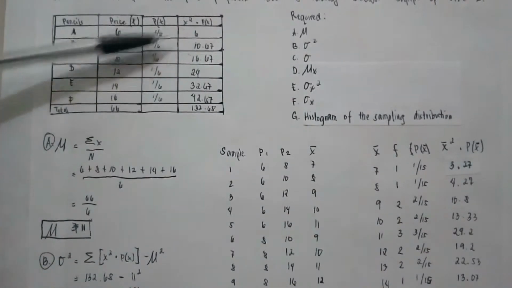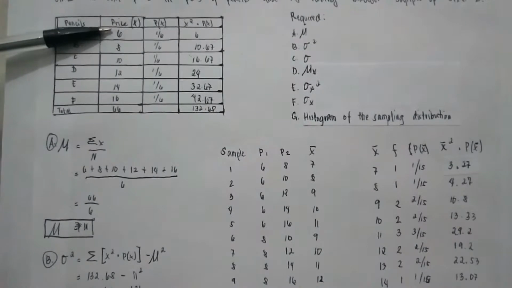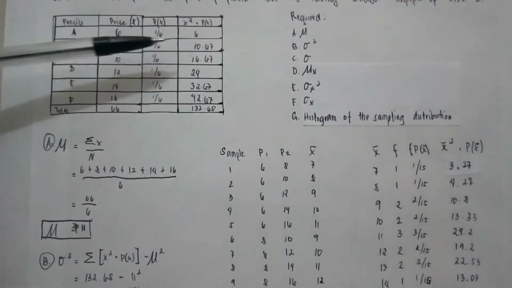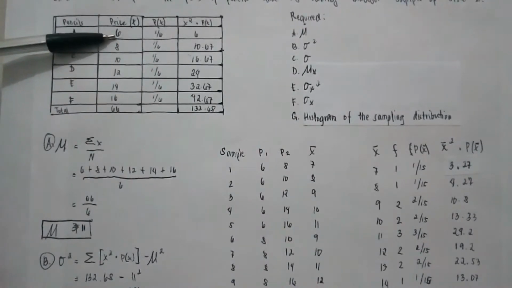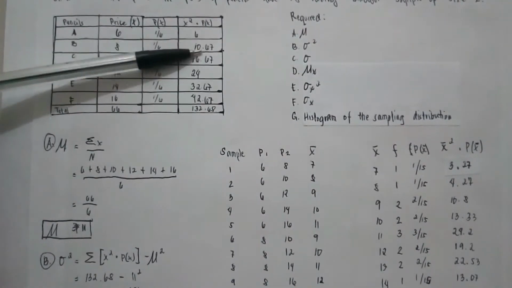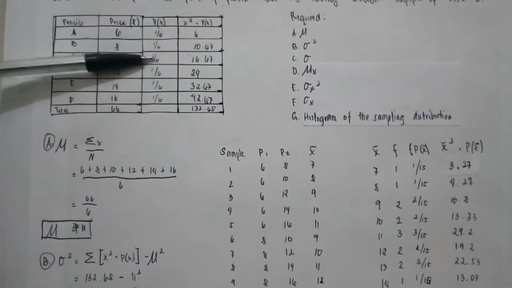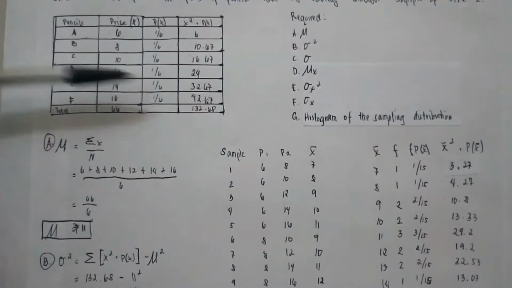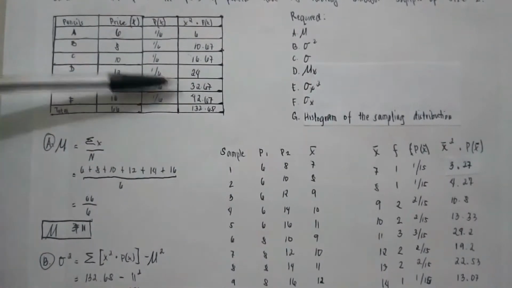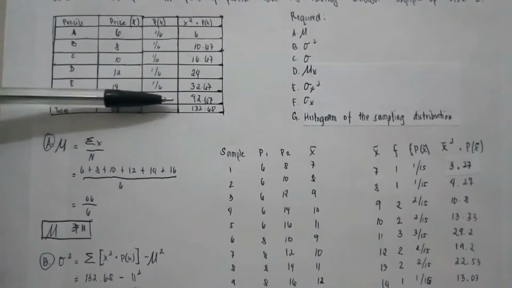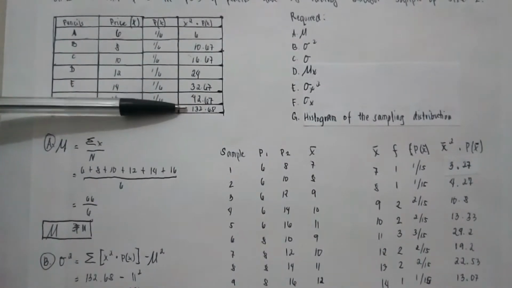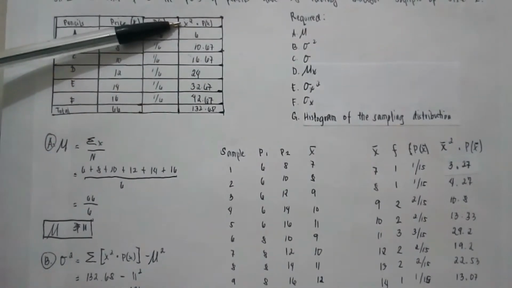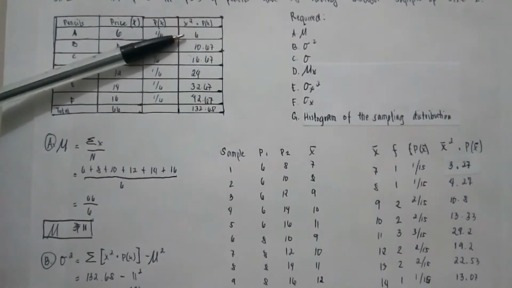Para makuha natin, i-squared lang natin itong price, then times sa probability of x. So, 6 squared times 1 over 6 equals 6. 8 squared times 1 over 8 equals 10.67. Then sa 10, 16.67, 12, 24, 14, 32.67, 16, 42.67 with a total of 132.68. So, ito na yung value ng x squared times probability of x.